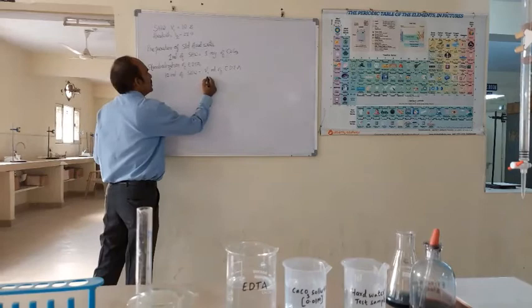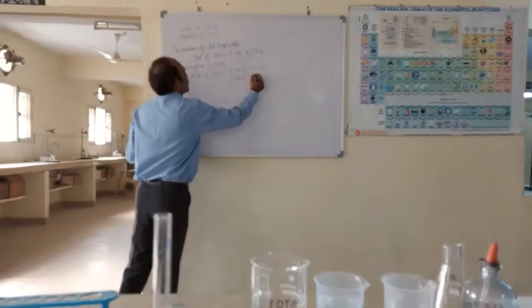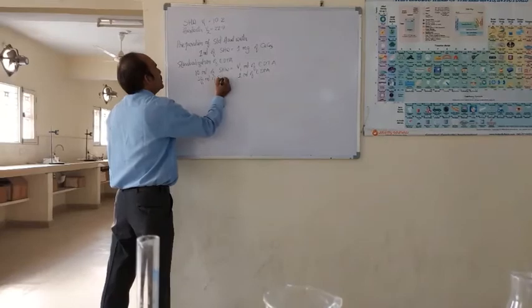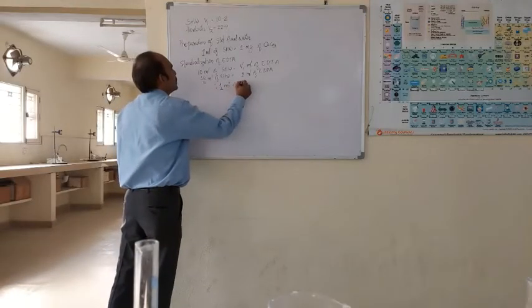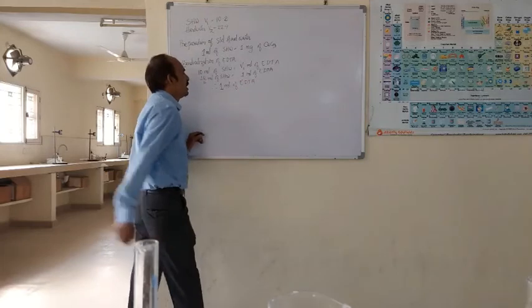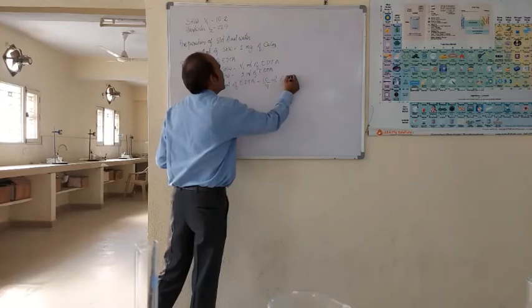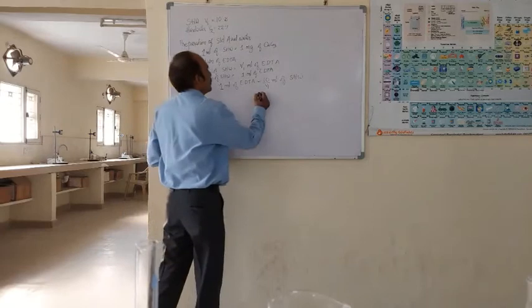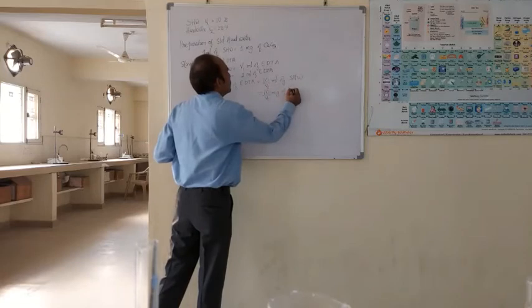So 1 ml of EDTA is equal to 10 by V1 ml of standard hard water. For simplicity, we write 1 ml of EDTA is equal to 10 by V1 ml of SHW. But we assumed that 1 ml of standard hard water is equal to 1 mg of CaCO3. So for this one, 10 mg of CaCO3.